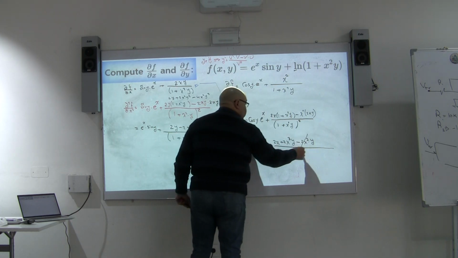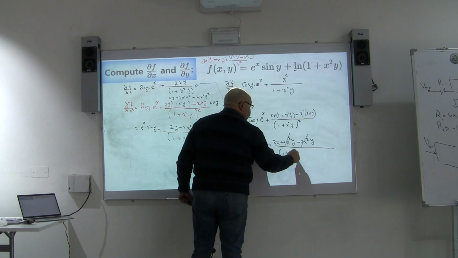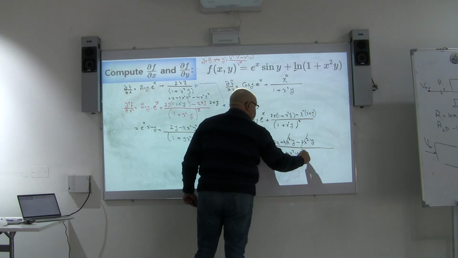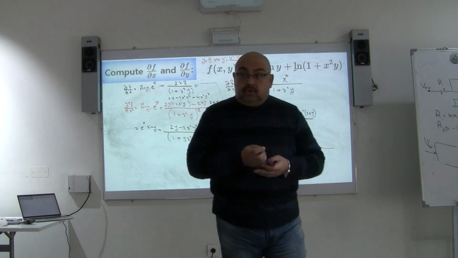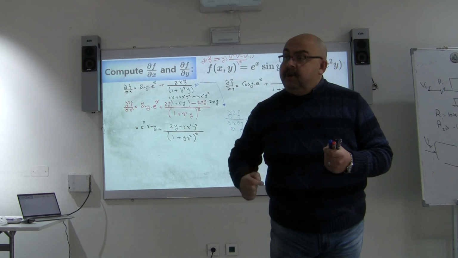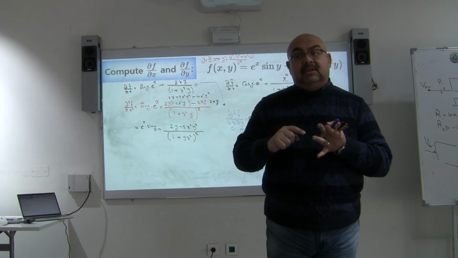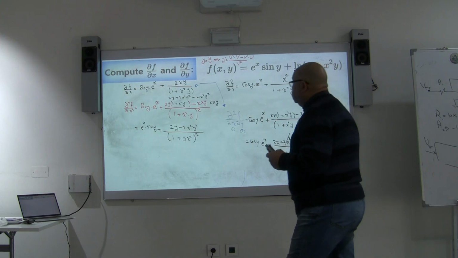So these two terms will cancel each other, and it is divided by 1 plus x squared y to the power of 2. As I told you, it's really important to work it out by hand. It will gather the information about the multiplication case, the division, and each function, as you can see.